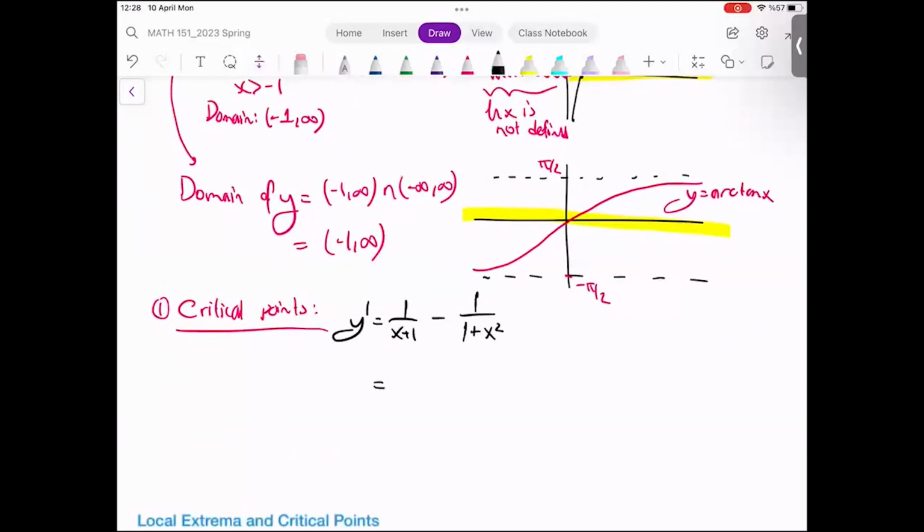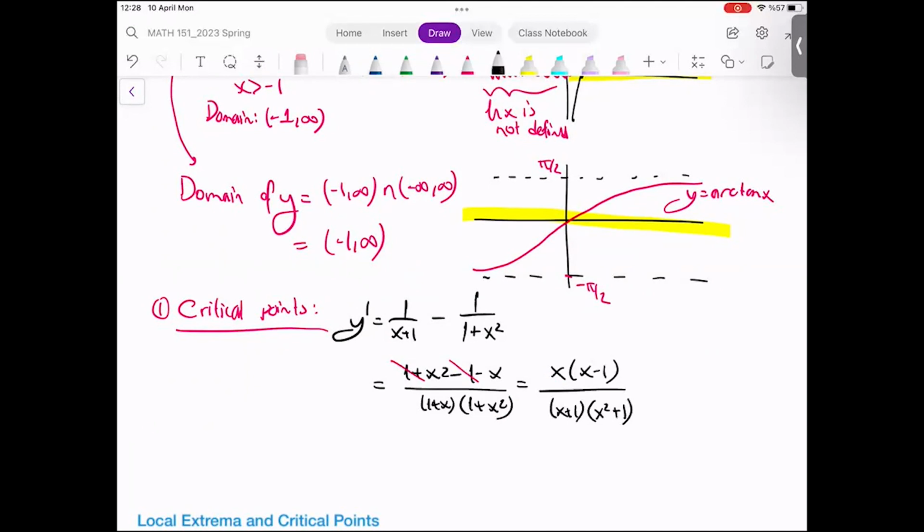You can write it over a common denominator easily. 1 plus x squared minus 1 minus x, and then this is the common denominator. We have simplifications, as you can see. So the most compact form of the first derivative function goes like this, okay?